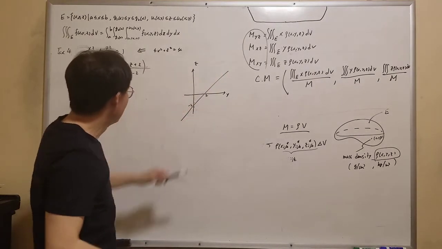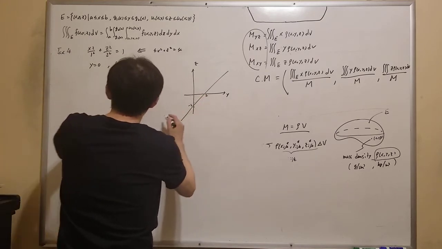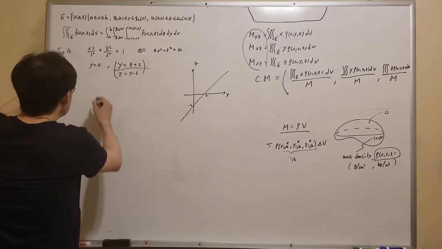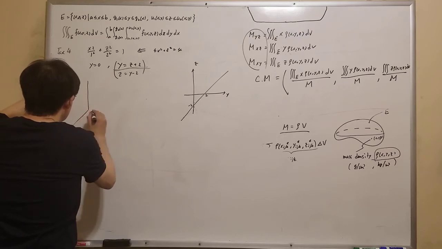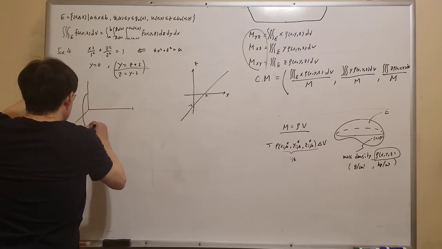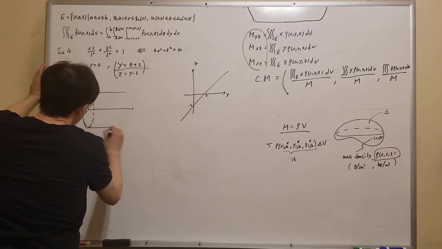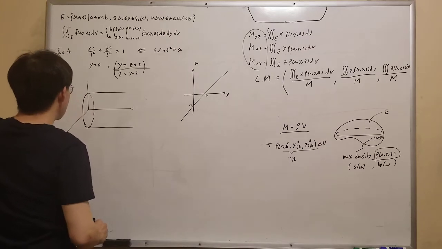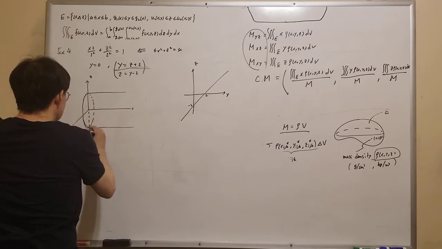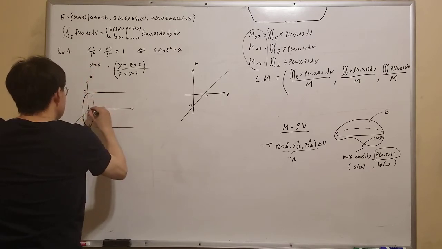And this one is xz. It's elliptic, right? This is an elliptic cylinder with the axis along z being longer. So it'll be going like this, all right? Z, this will be 2, and along x is 1.